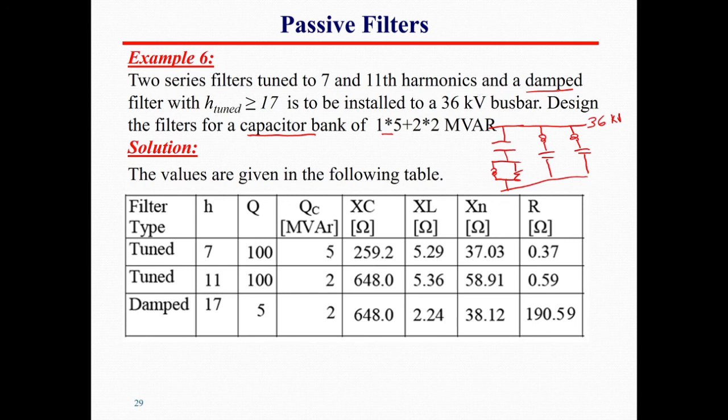So we have 5 for the first filter, 2 for the second filter, and then 2 megavolt ampere reactive for the damped filter. This is given to us, and the value of Q is also given to us.